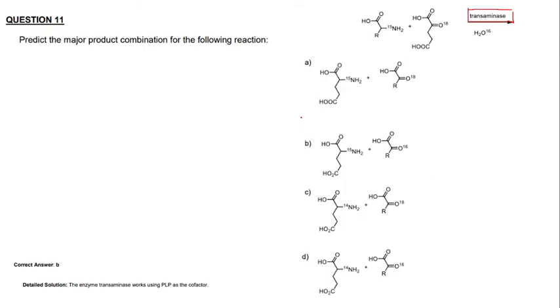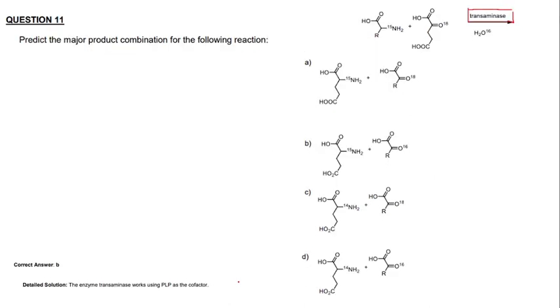They have given this alpha ketoglutarate, then it will form imine with alpha ketoglutarate. It will again abstract the proton, and you'll have this glutamate. So it will show this transamination.